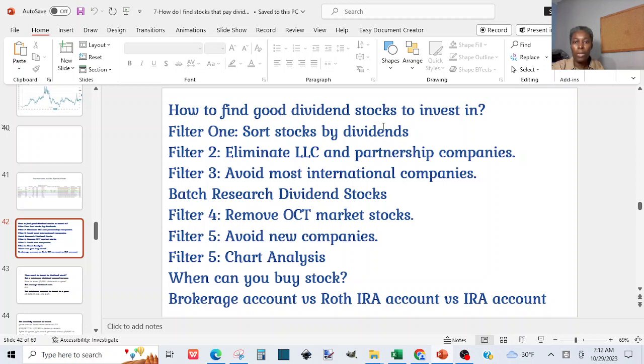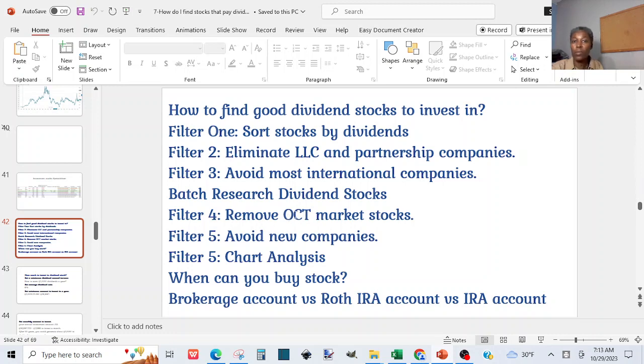We first sort them by dividend yield. We make sure they are corporations, so we didn't have to deal with the international ones. The international ones will have SA at the end of the entity name. And while we are researching the dividend stocks, we eliminate the OTC ones, and we only retain the New York Exchange or NASDAQ. The ones we kept are all New York Exchange.